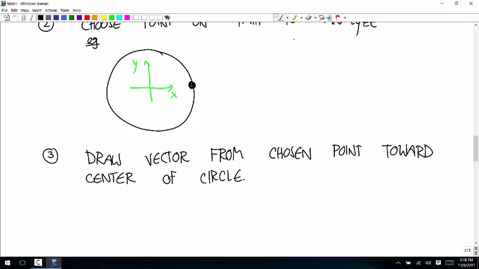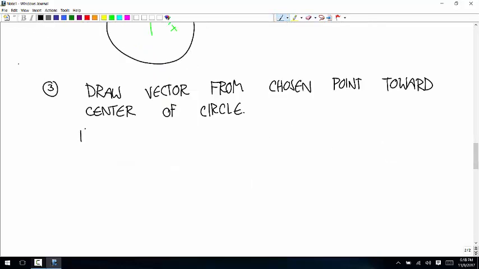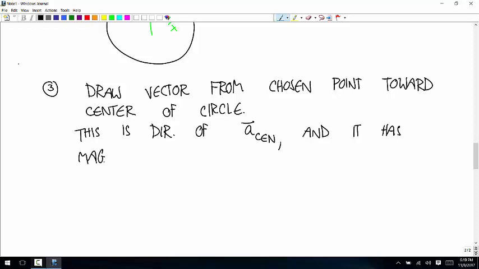This is the direction of the centripetal acceleration, and it has a magnitude of the speed squared divided by r.